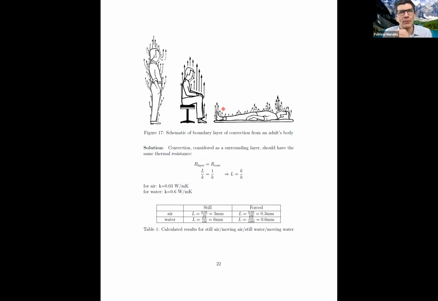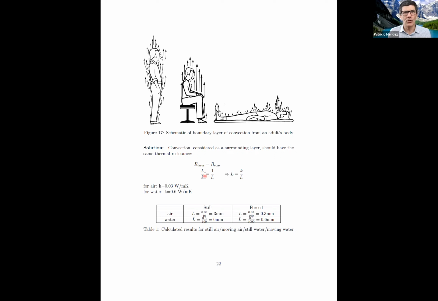And we know the thermal resistance of this layer of air is going to be given by L over K. This is the thermal resistance of a wall. What I'm saying is that what we call convection in reality is this thin wall of stagnant air surrounding us. We're going to see that in a lot more detail later in the convection unit.